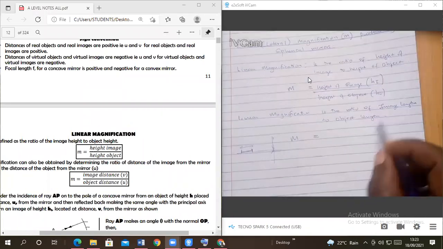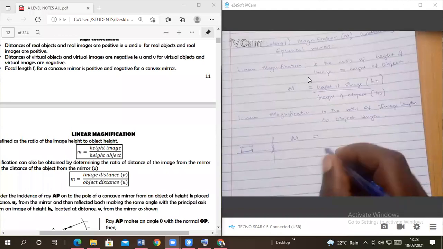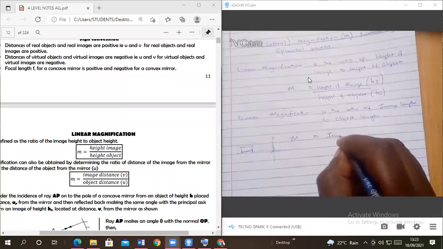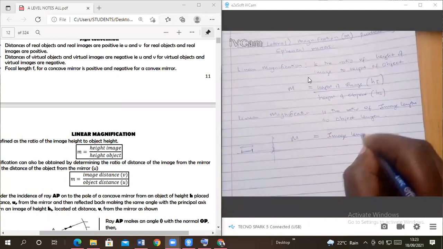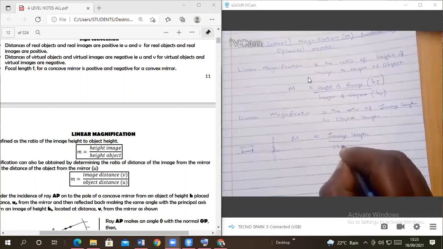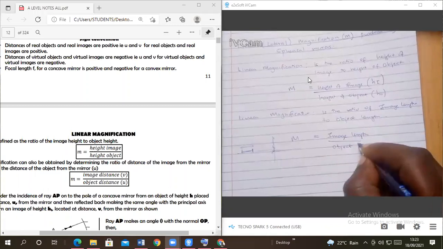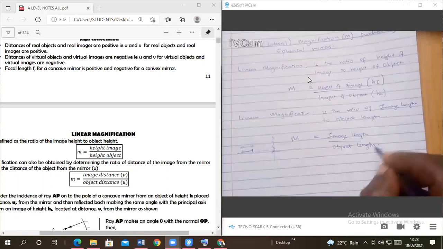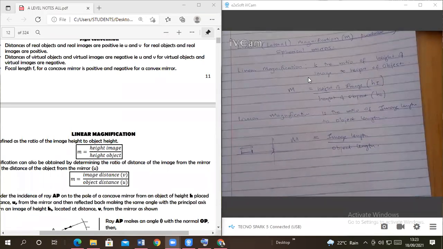You write image length to object length. We shall look at all these calculations in the next session or lesson.